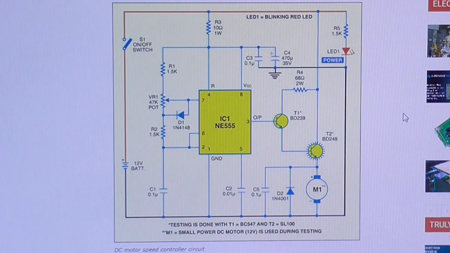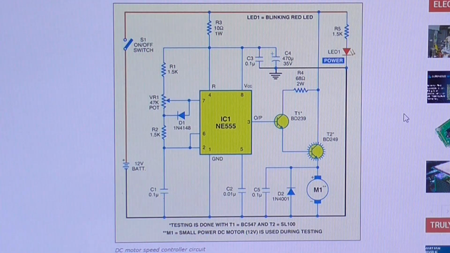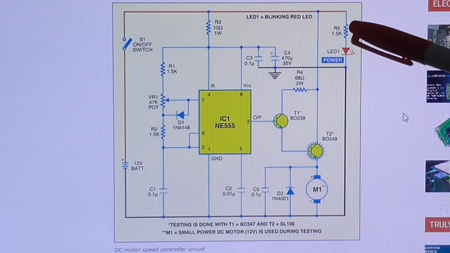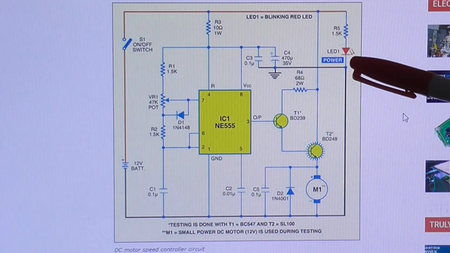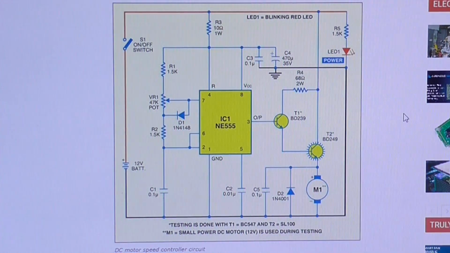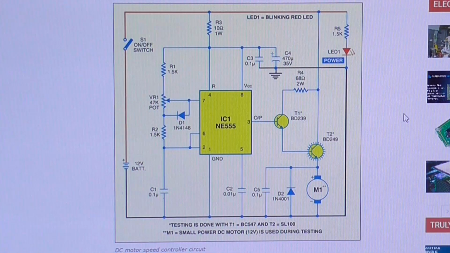I mean, it's only like 2 other resistors. And I'm not going to worry too much about this resistor and LED over here. It's not relevant to the circuit anyway, so that can be omitted. So, alright, I'll get to building up this part of the circuit and we'll see how it operates.